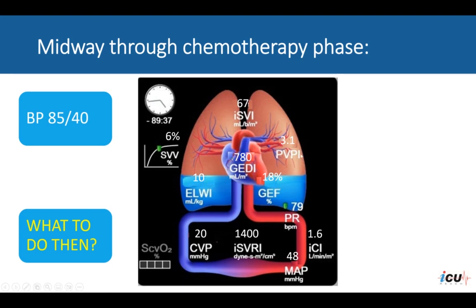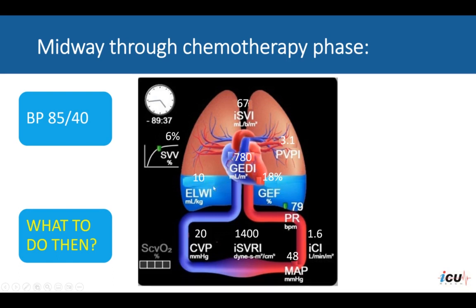And the permeability index is slightly elevated, 3.1. So I'm concerned about starting an increased extravascular lung water with increased permeability for this patient. But the main issue here is that his contractility is decreased, and this is what I'm going to focus on.